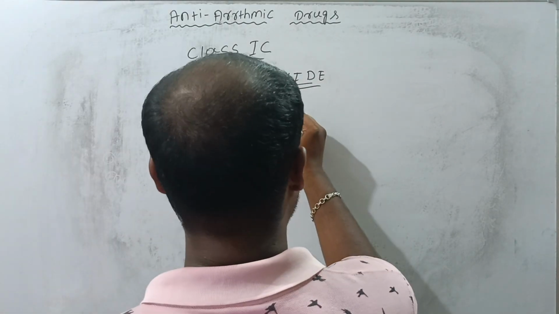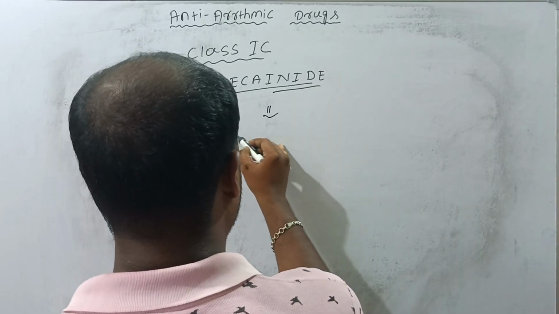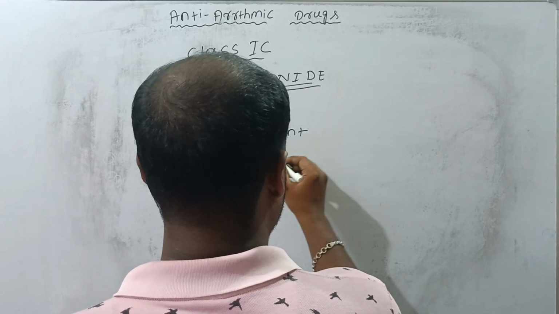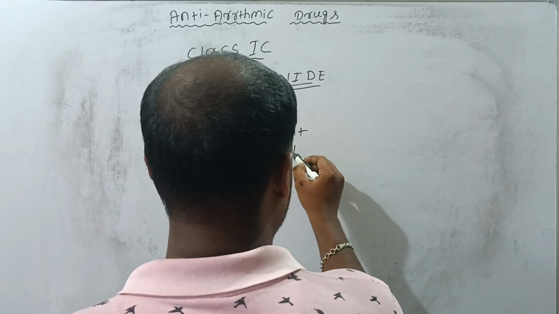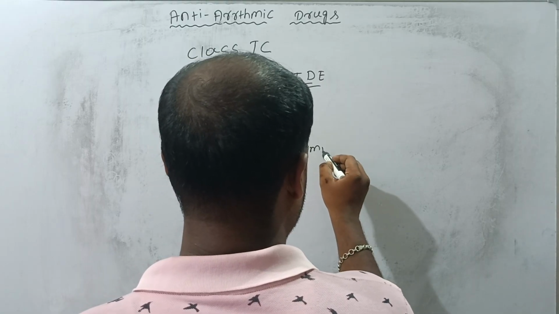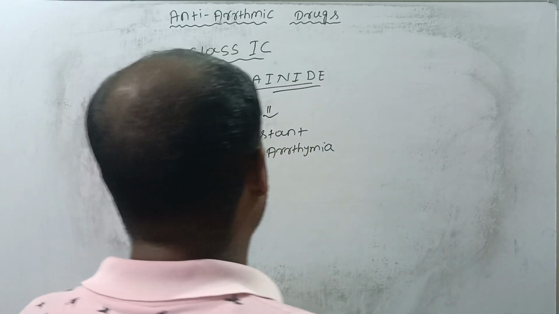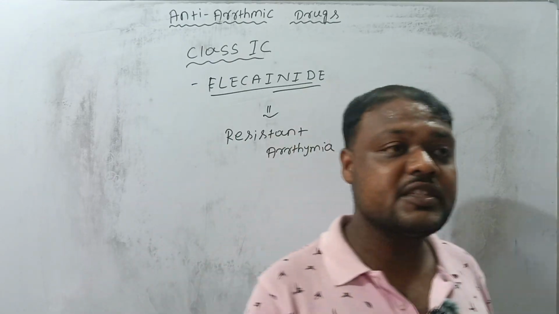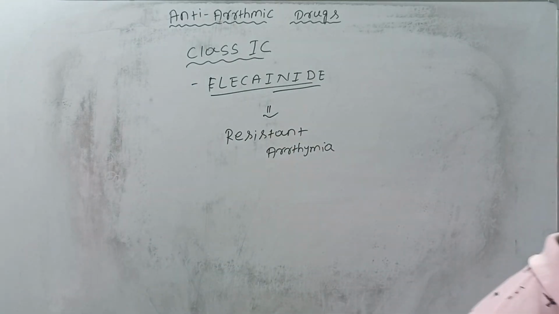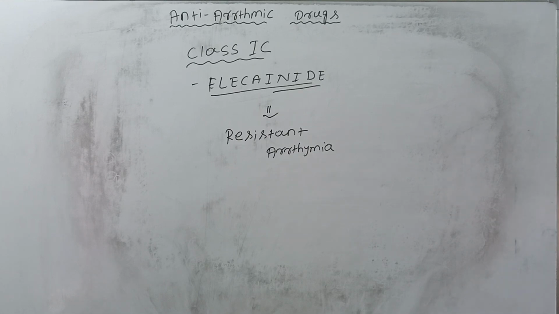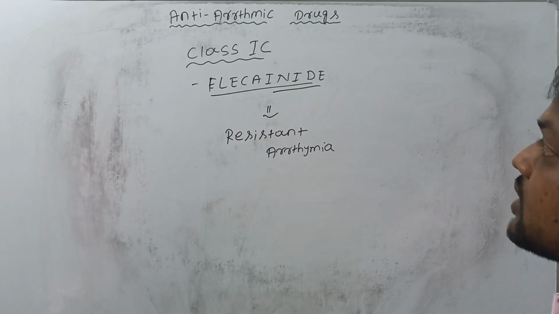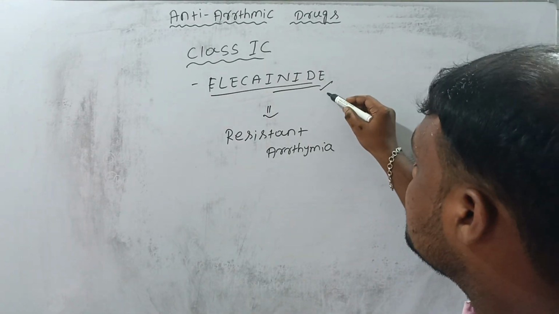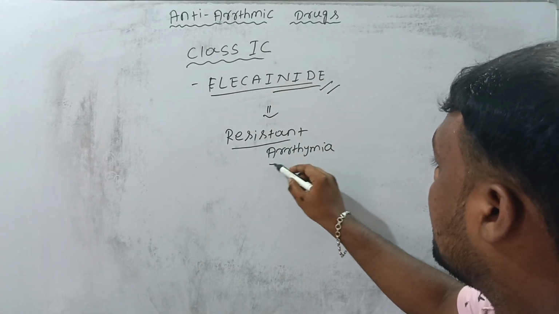It is used for resistant arrhythmia. Flecainide is used when persistent arrhythmia happens in the patient, that is, in resistant arrhythmia.